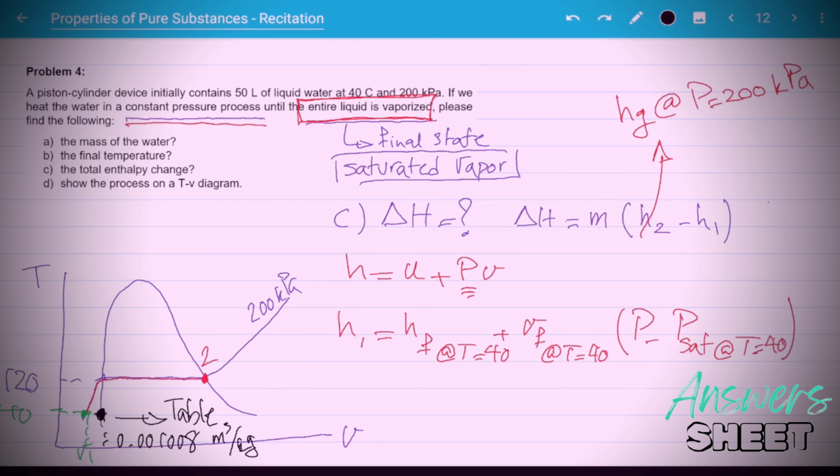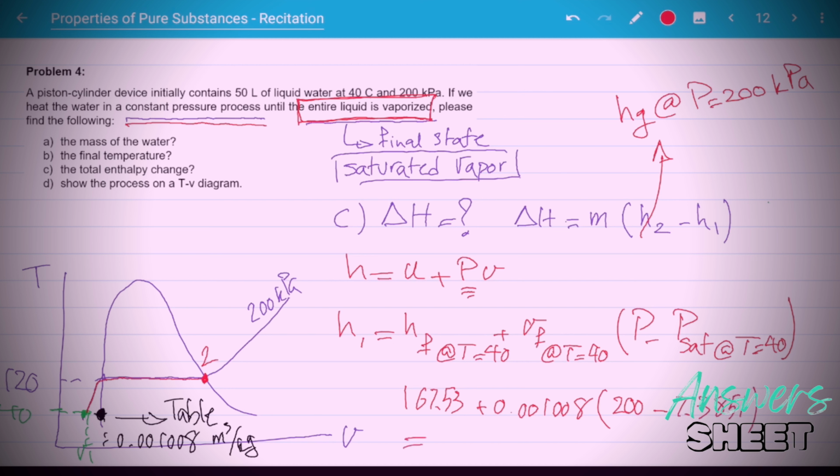So I'm just going to plug in some numbers from the tables. The enthalpy of a saturated liquid at 40 degrees Celsius is 167.53, plus the specific volume is 0.01008, times the pressure that we have, 200 kilopascals, minus the saturation pressure at a temperature of 40 degrees, which is 7.3851 kilopascals.